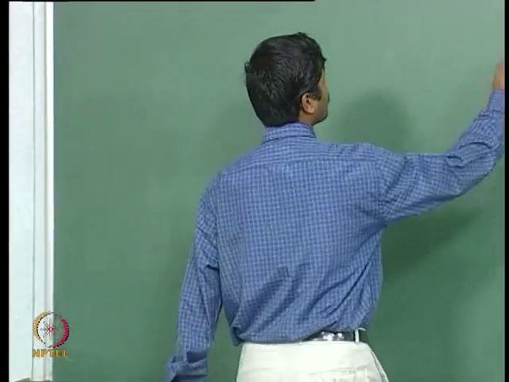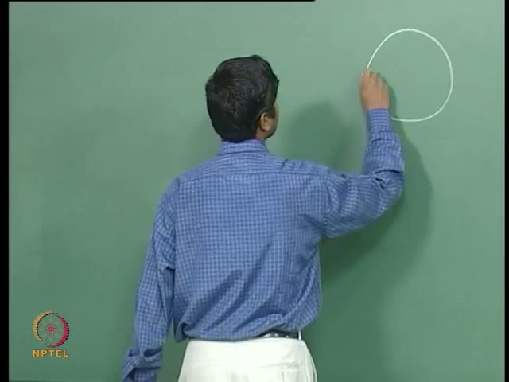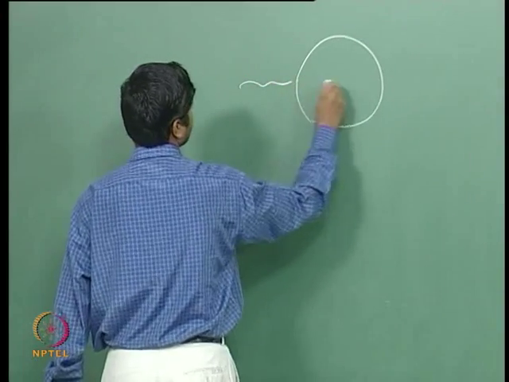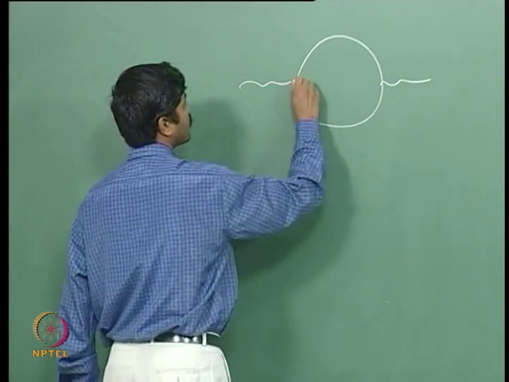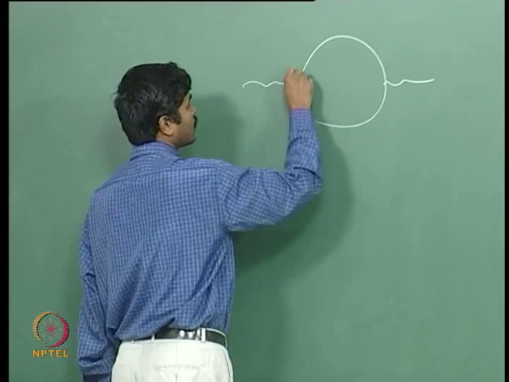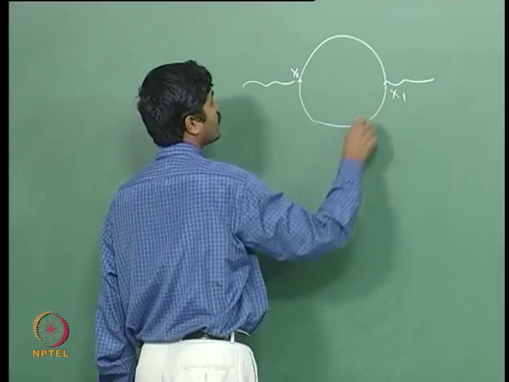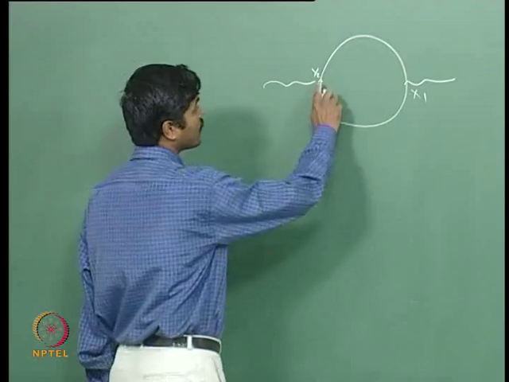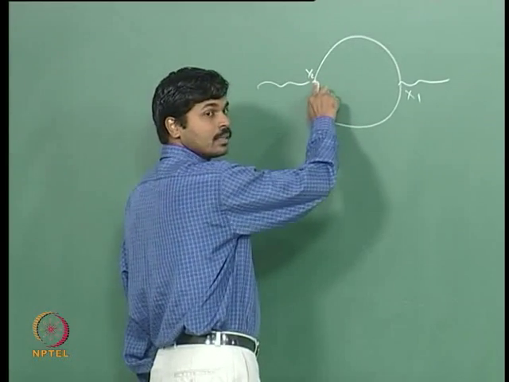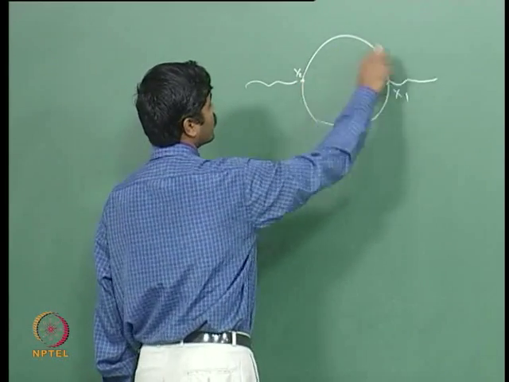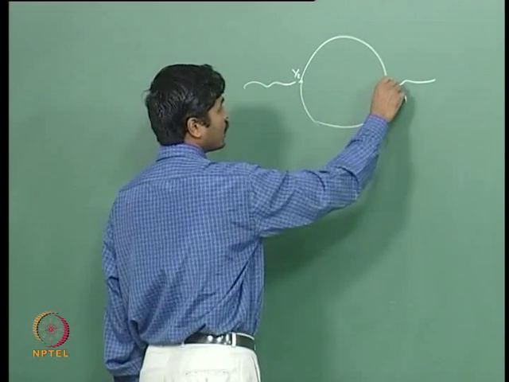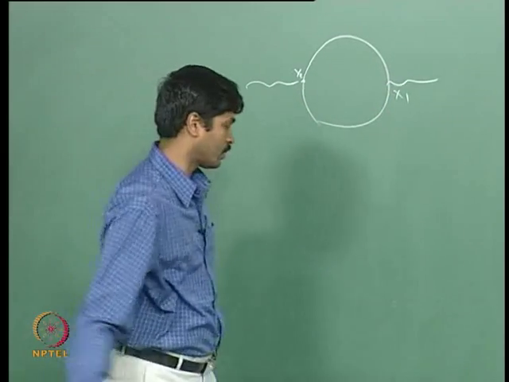Closed fermion loop means you can have some interaction vertices and this loop has to be closed. So if this is x2, if this is x1, that simply means that if there is a fermion line which is contracted from x2 to x1, then you again have a fermion which is contracted from x1 to x2.